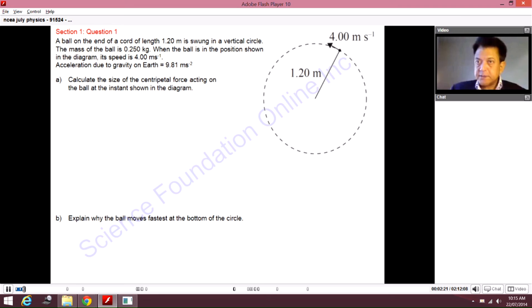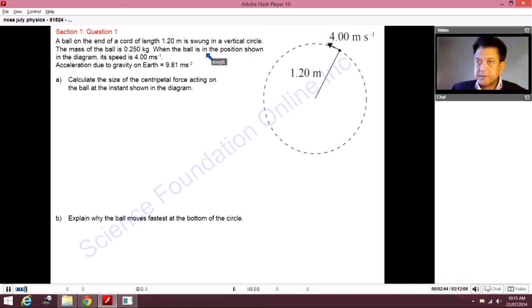A ball on the end of a cord of length 1.20 meters is swung in a vertical circle. So it is important to pay attention to that: the circle here is in the vertical plane. And the mass of the ball is 0.250 kilograms.